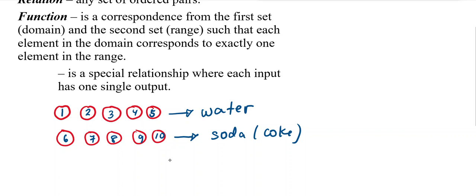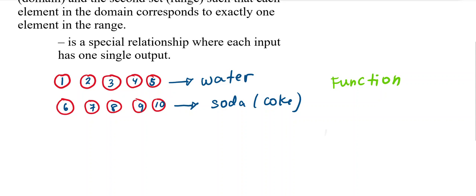And if I want Coke, I'll press 6 and I'll get a Coke, or I'll press 7 and I'll get a Coke still. Or I can press 8, 9, or 10 and I'll still get a Coke. So we know that the machine is not broken, and therefore this is a representation of a function as a relation.